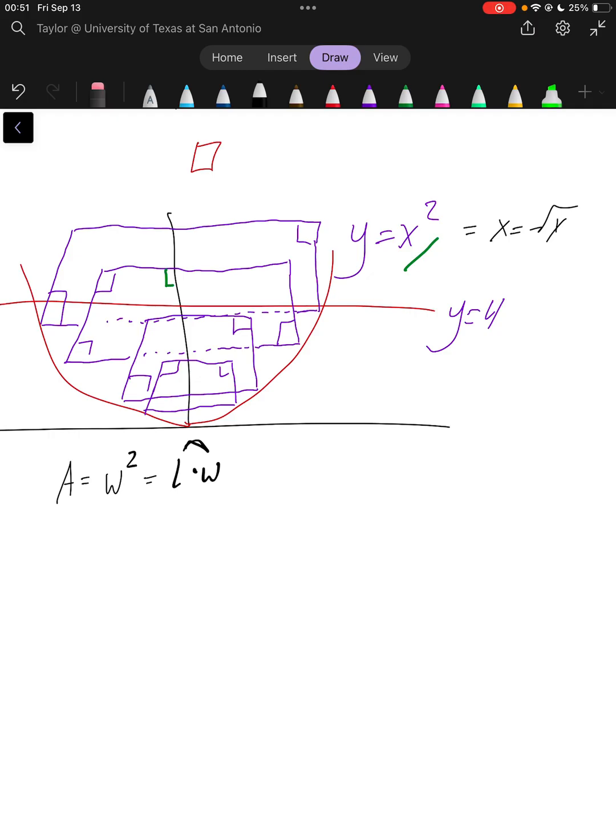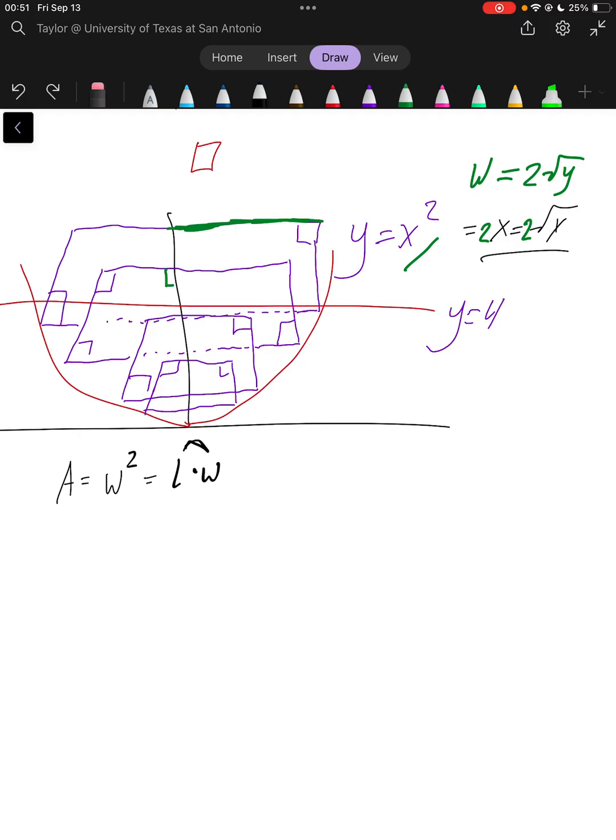It's another similar situation to before, where our x only gives us half the length of our square. Right here. So I need two of these. So 2 square root y equals w. I'm going to go ahead and substitute this in.